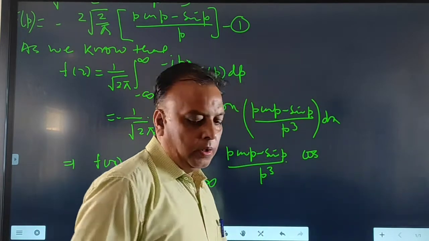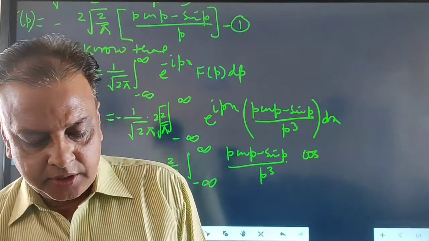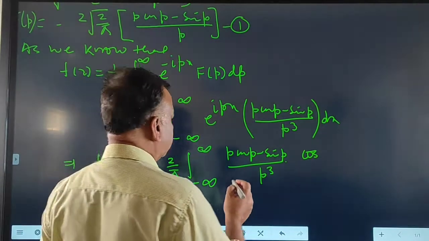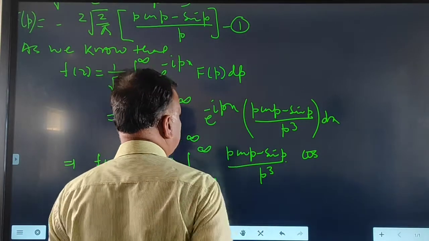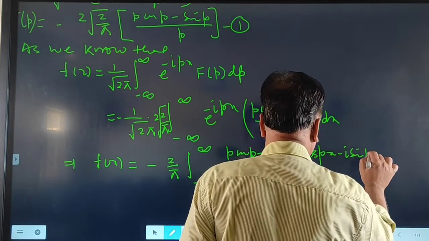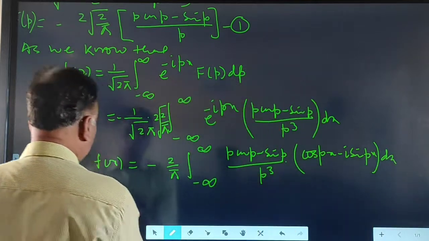can be written as cos px minus iota sin px, dx.